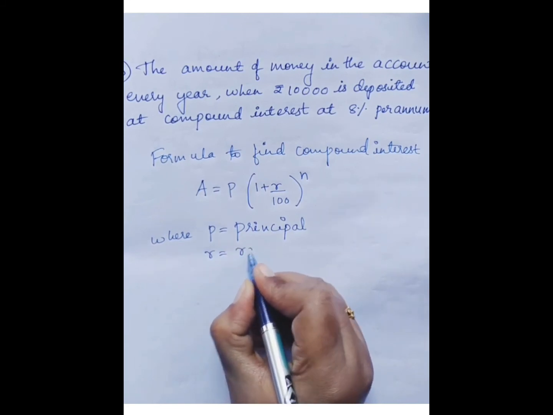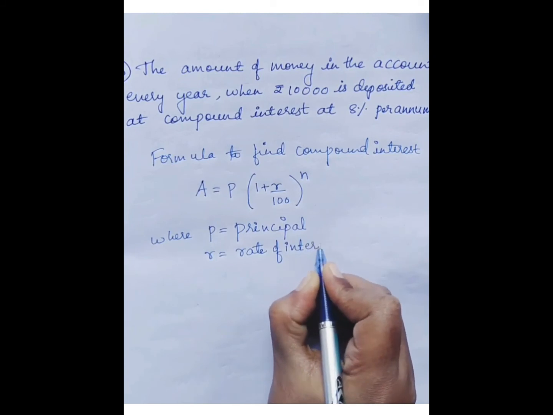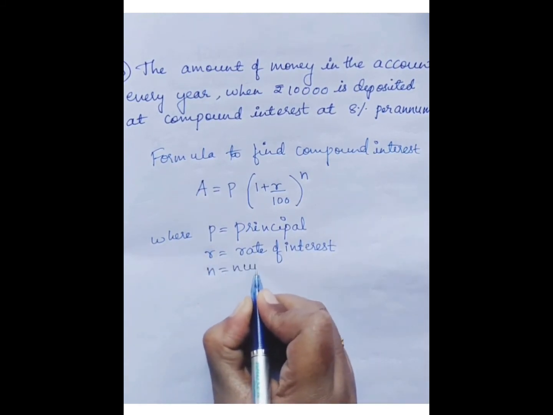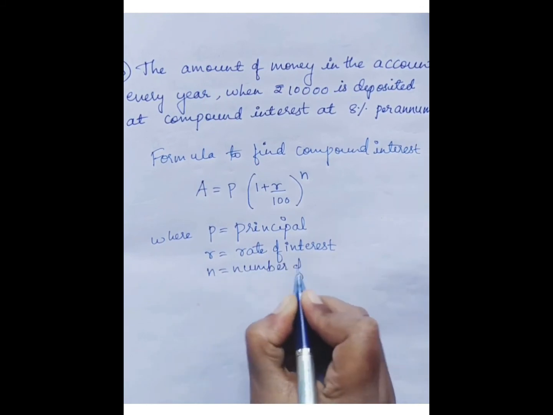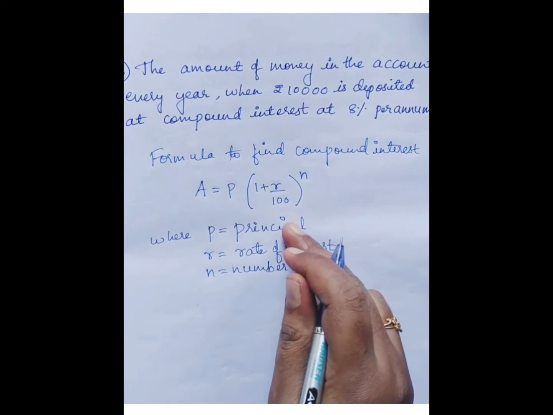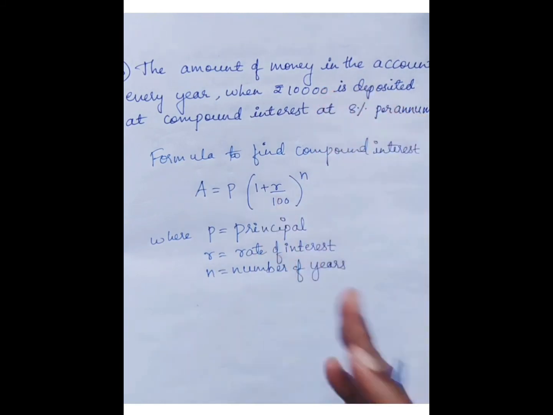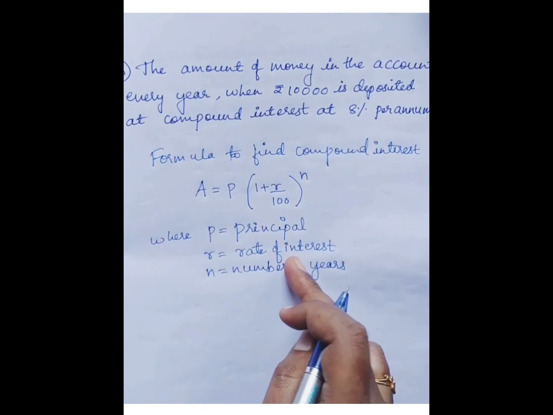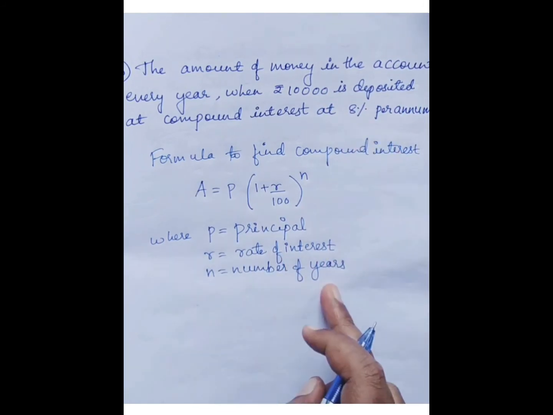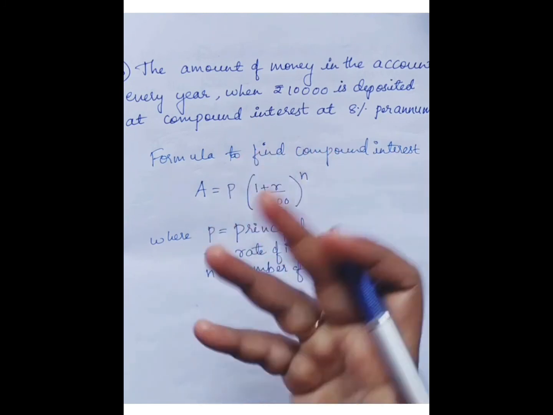R is the rate of interest, and N is the number of years. Now the principal is given, that is 10,000, the starting amount you are depositing. The rate of interest is 8%. The number of years, as many years as you are paying, you can calculate.